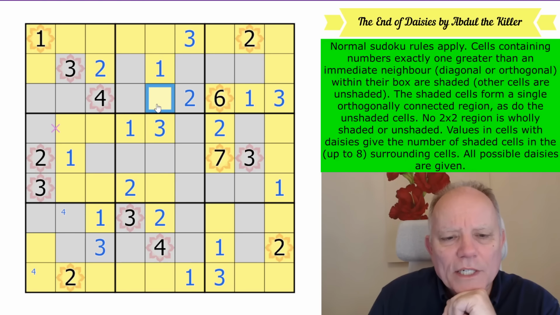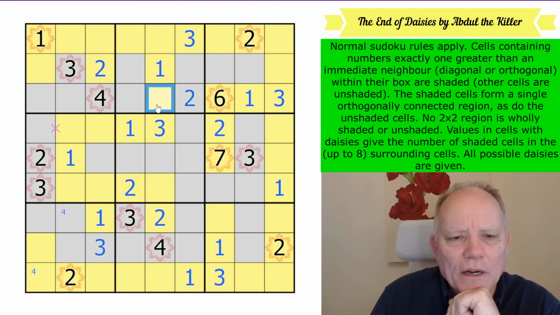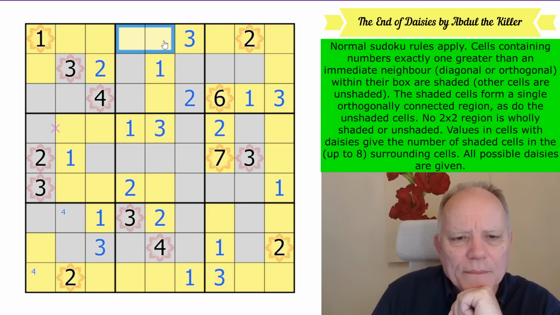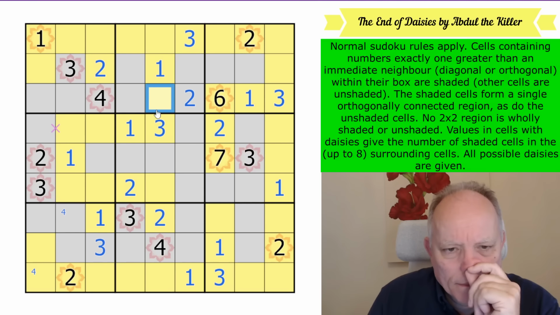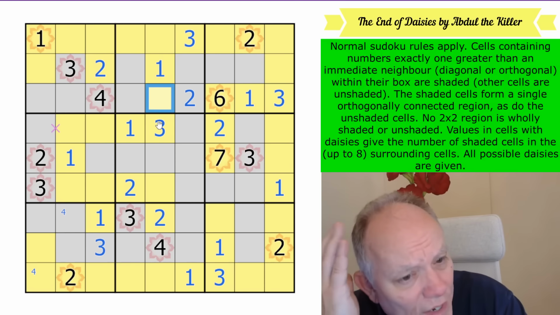That yellow, which is 5, 7, 8 or 9, the digit 1 below it has to be up here. I don't know, I find this very tough.